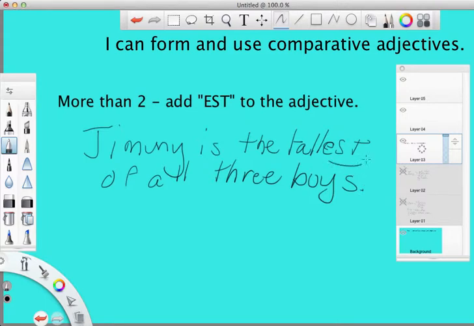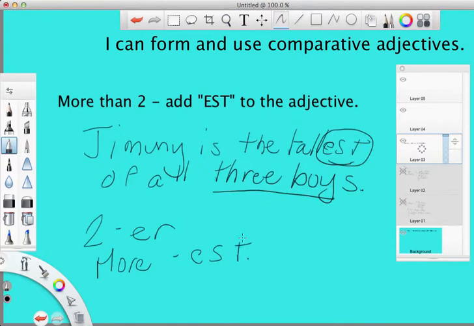I am adding est on the end of it because now I've got more than two. If I'm comparing two objects, you add er. If I'm comparing more than two, I'm going to add est.